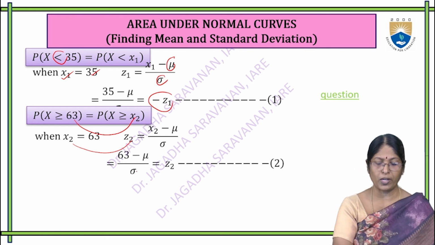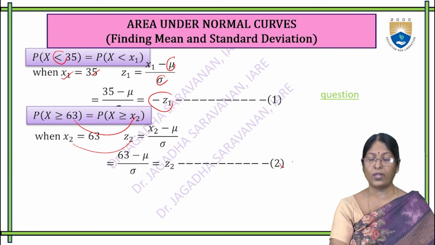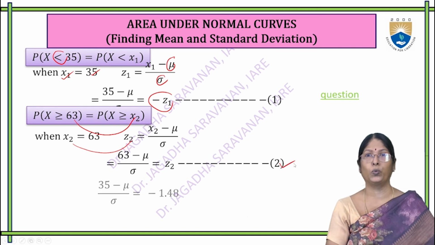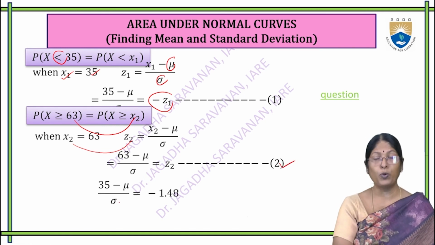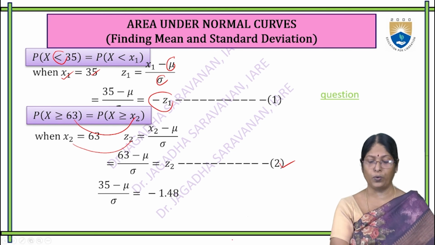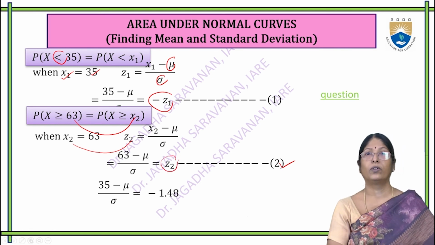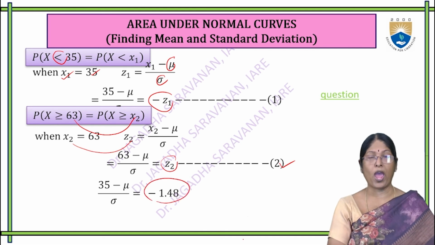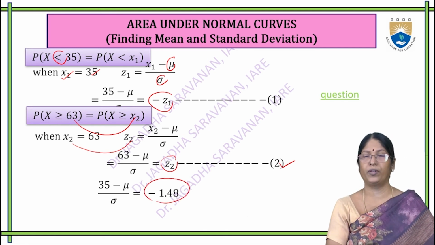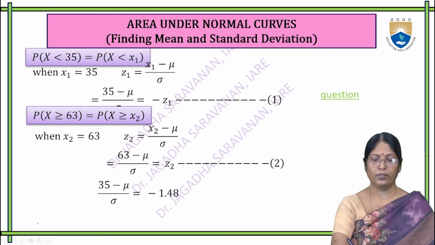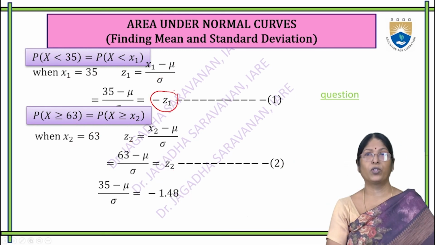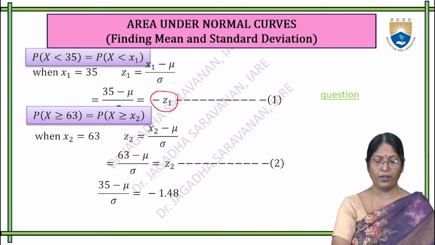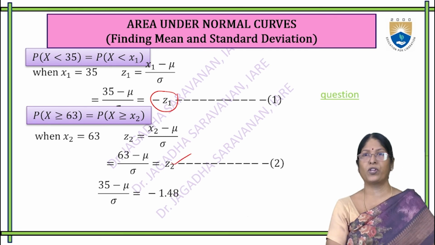So 63 minus mu by sigma equals z2, which we named equation 2, and 35 minus mu by sigma equals minus 1.48. Yes, z1 is converted into minus z1. First two equations are ready.